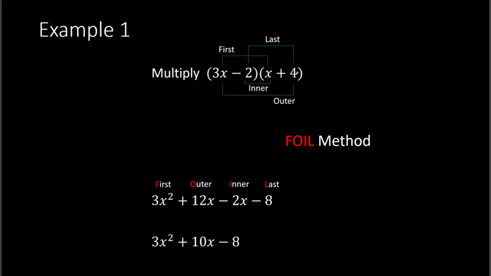I do the first, outer, inner, last. So that way, over time, with practice, you can start to do this in your head. The hardest part of this will be combining the outer and the inner, adding those together to get your final answer. So with practice, you'll get pretty good at this.